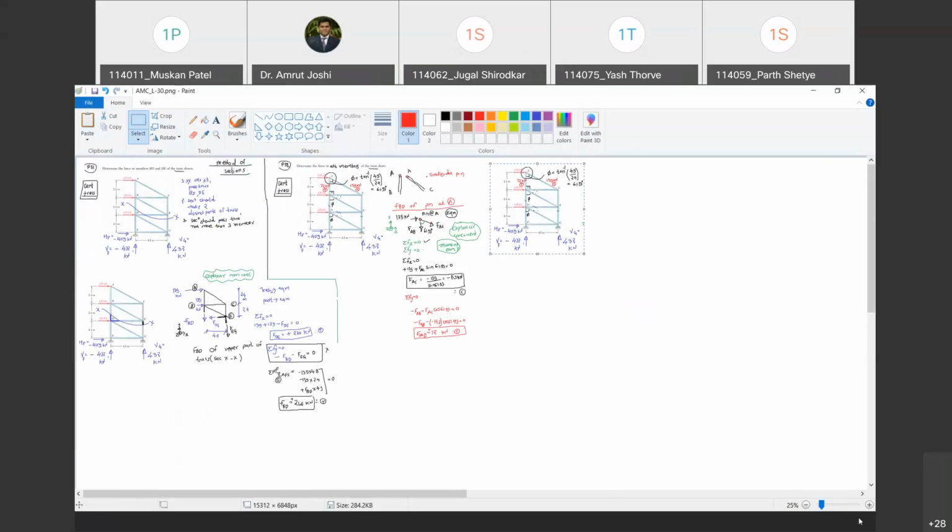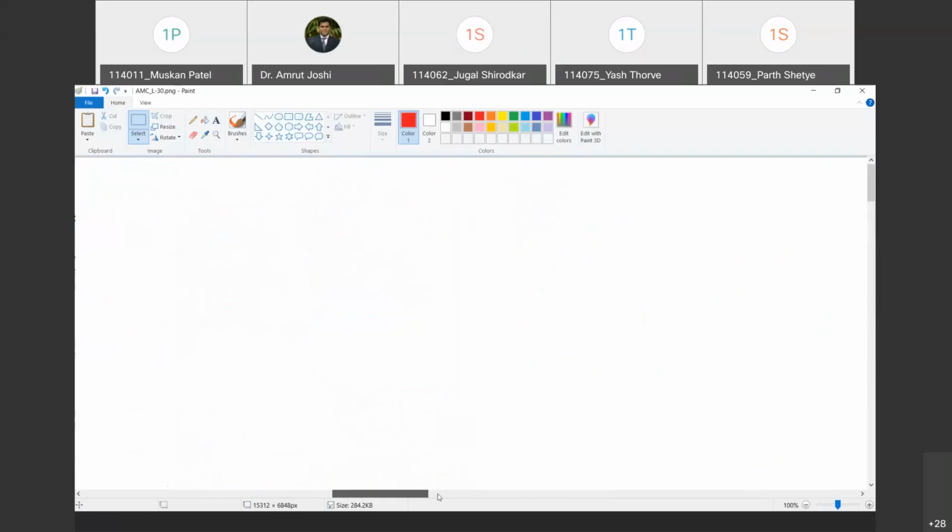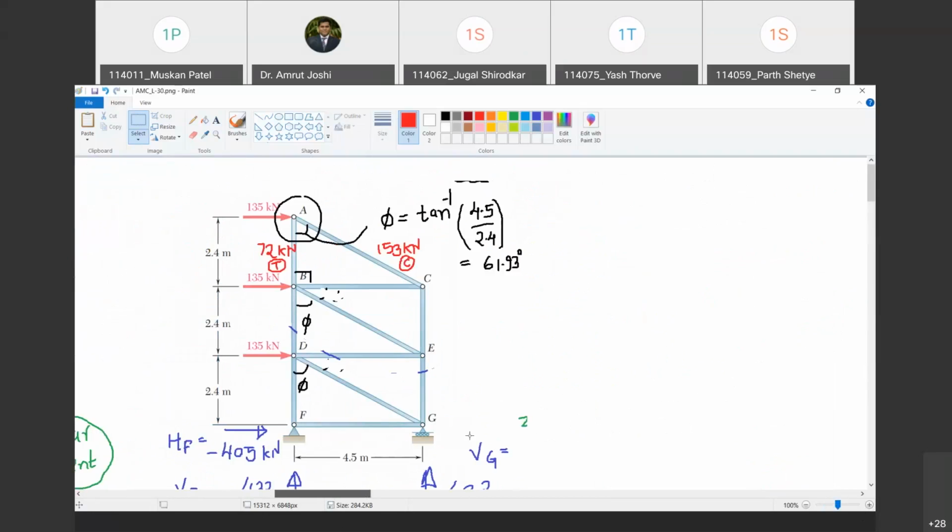This is just for convenience. You need not redraw it during the examination. Are you with me? Yes, sir. So I have copied this portion, and now I'm interested in drawing free body diagram of joint B. Are you with me? Yes, sir.